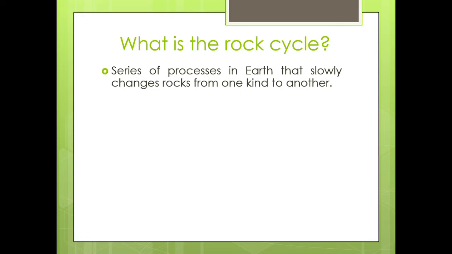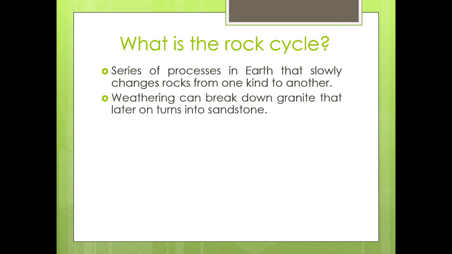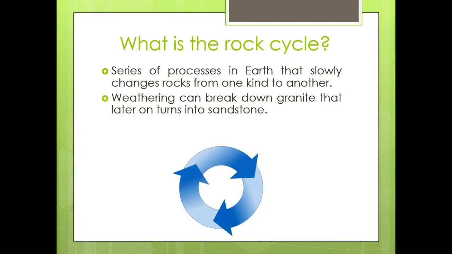So with time, of course, it will generate for rocks to change their chemical composition, becoming a different rock from what they were originally. Here I have one example of something that can actually change a rock. Weathering can break down granite that later on turns into sandstone.